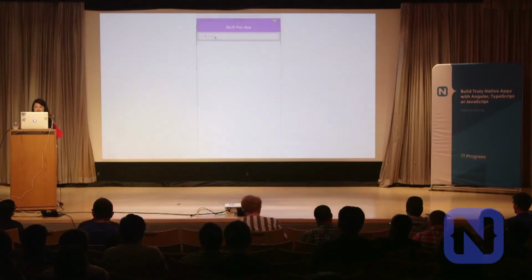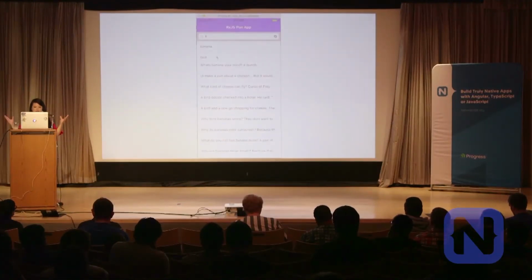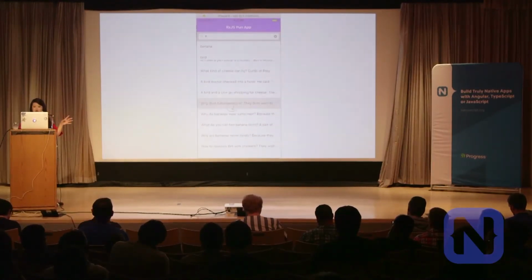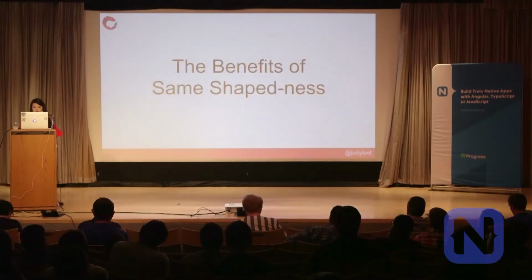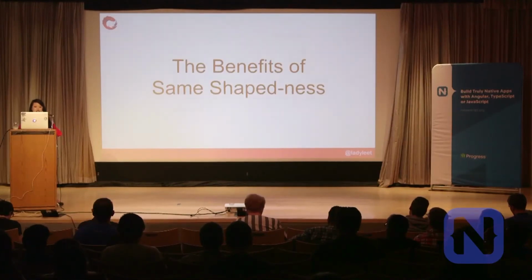So yay. Let's look at our prod app again. As you type something in, it's getting an observable of keywords based on the user's text input. Based on that, it's going to match to an observable of puns, and then display those puns. So this is the benefit of same shapedness. If you go further with this, with RxJS, it's super easy to add other data sources.